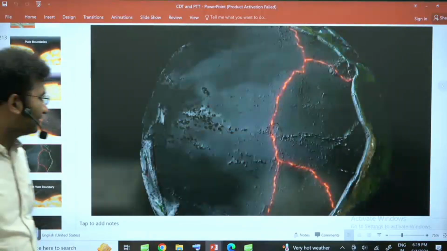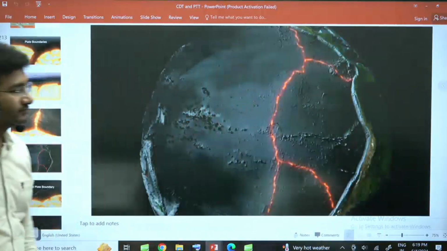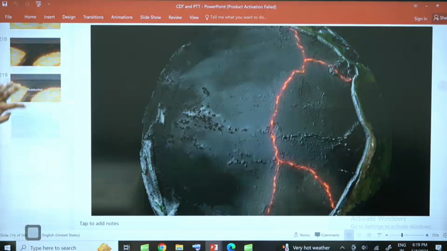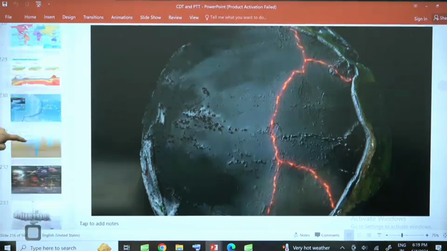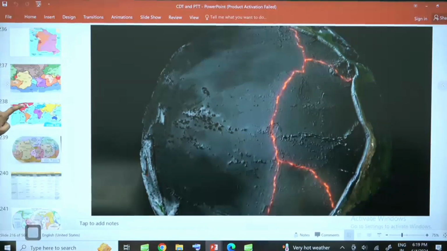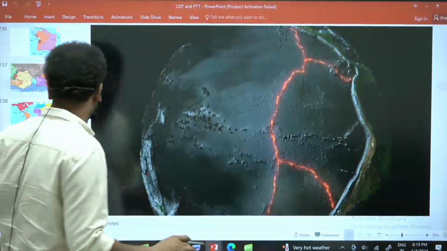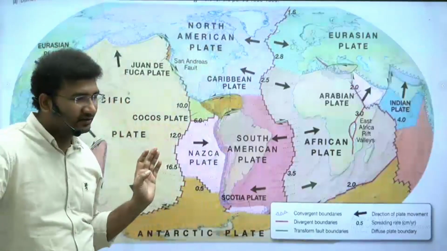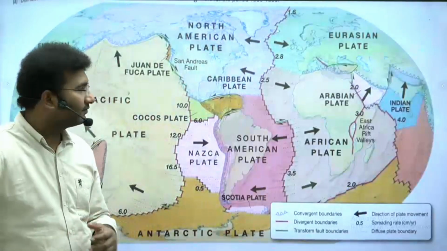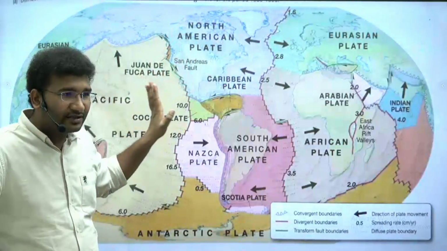In literal terms, this is how your plates look, right? I'll show you the plate boundaries. We'll draw with the hand, and this is only for reference. See, this is how your plates are.